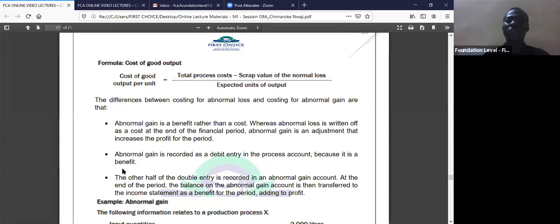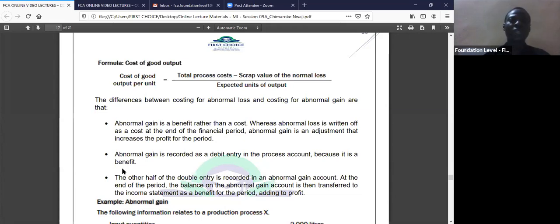Abnormal gain is recorded as a debit entry in the process account because it is a benefit. Yes? So you put it on the left-hand side. The other half of the double entry is recorded in an abnormal gain account. Just like we have an abnormal loss account, we have an abnormal gain account.